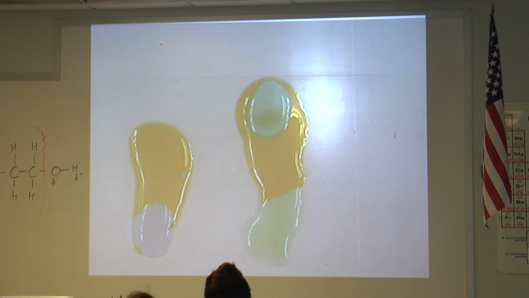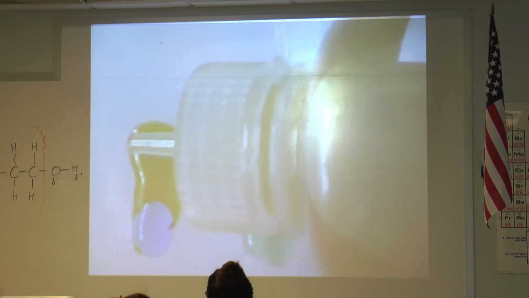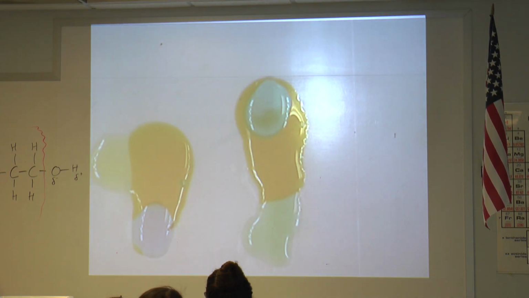And those water droplets are gradually turning green as they suck in the alcohol. Maybe we can see it a little better on this one too. I could put some over here. Ooh, see that droplet? It's moving. It's moving.